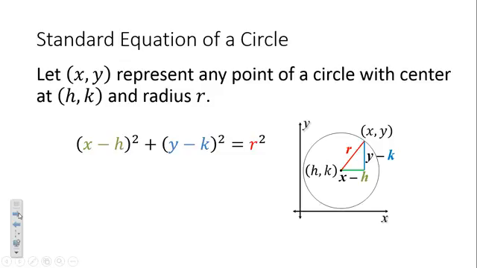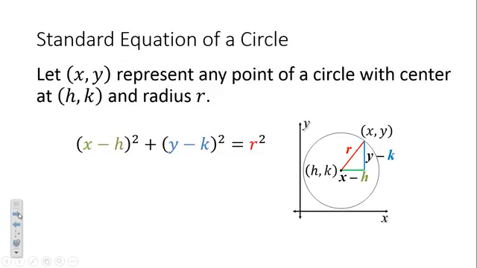Okay? So if the center is at h, k, then x minus h squared plus the quantity y minus k squared equals r squared. Notice the difference in signs here. If my center is at the point 2, 3, they're both positive, but in this equation, the 2 and the 3 will be negative. They're opposite signs.